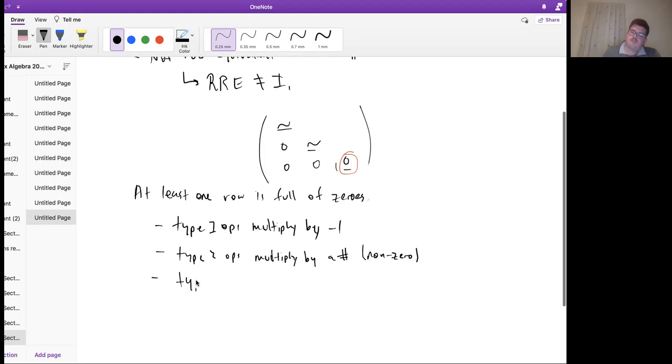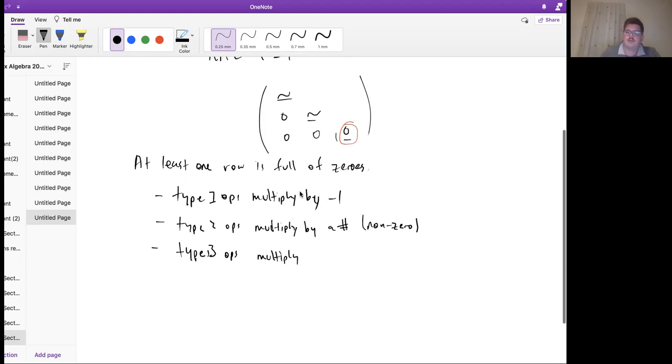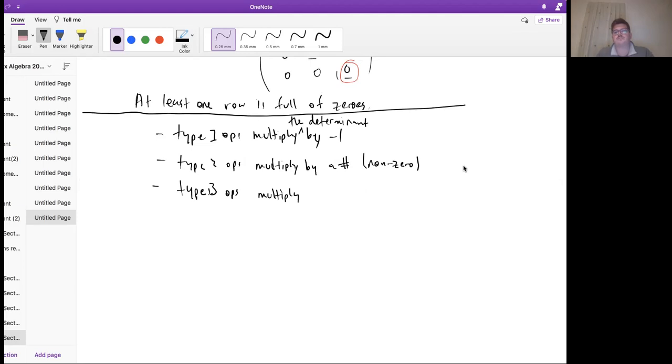And what do type 3 operations do again? What do type 3 operations do to the determinant? Yeah, just nothing. Well, not nothing, but multiplied by 1. Doesn't change.